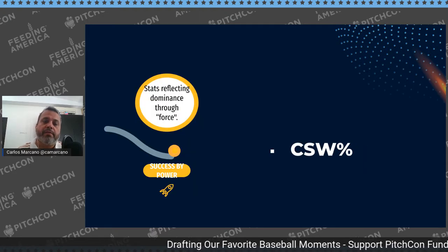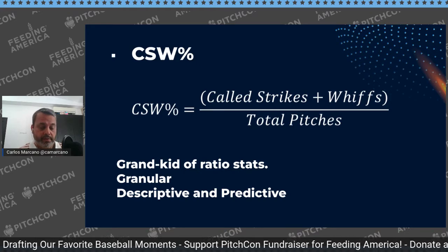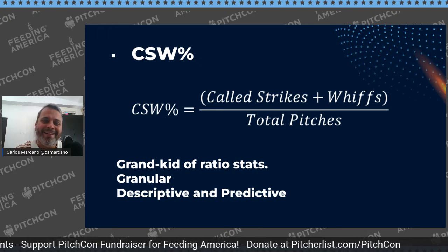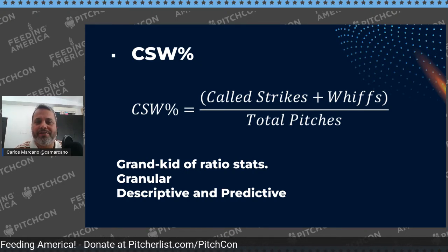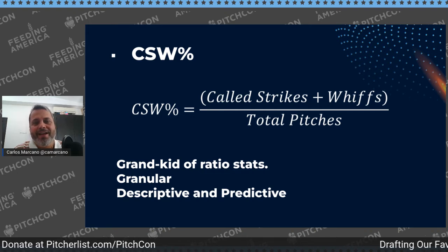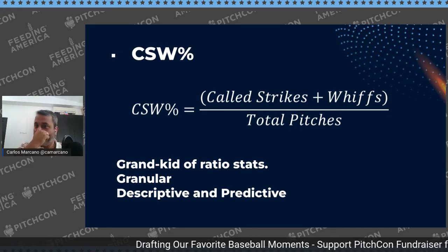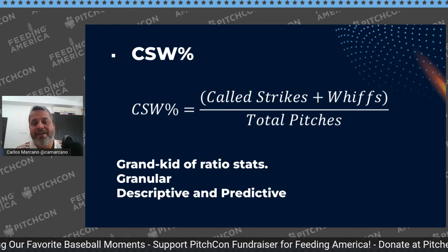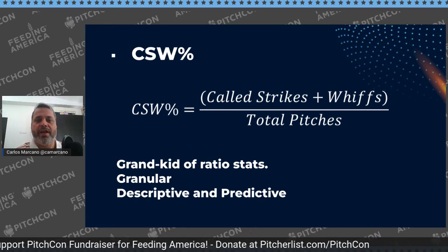The other stat is of course CSW percentage. It's the love child of Nick Pollock and Alex Fast, with the help of Colin Charles and others at Pitcher List. This is the other stat that looks so simple, but it's so deceptively simple that I love the way that it can provide description and prediction.